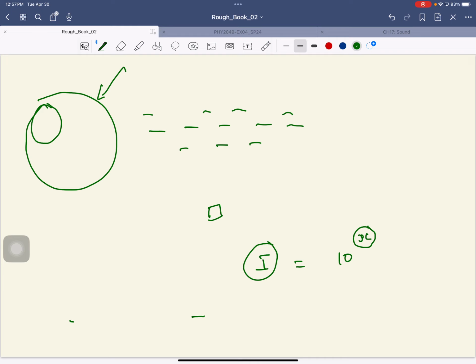Apparently you can hear intensities from 10 to the minus 12 watts per meter squared up to 1 watt per meter squared. This intensity hurts, and this you can barely hear. This is your threshold of hearing.